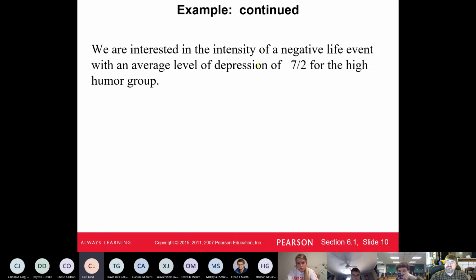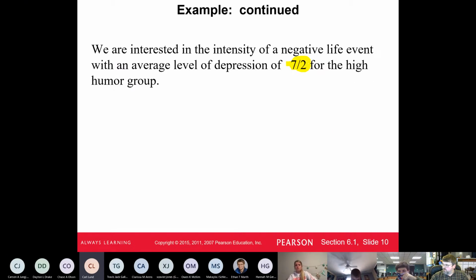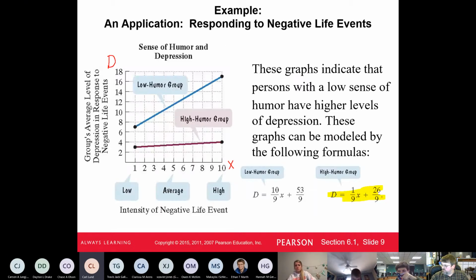And we know what D is. The problem tells us the average level of depression is 7/2. So 7/2 is 3.5. So this is probably 3, so it's going to be halfway between 3 and 4. So 3.5 is going to be right about at this red line segment on the graph.